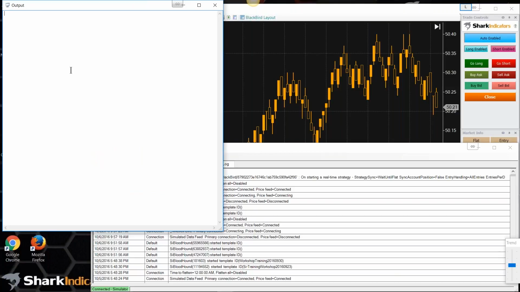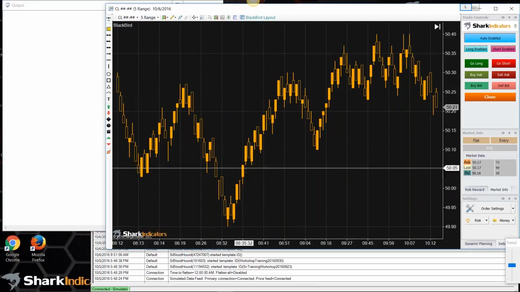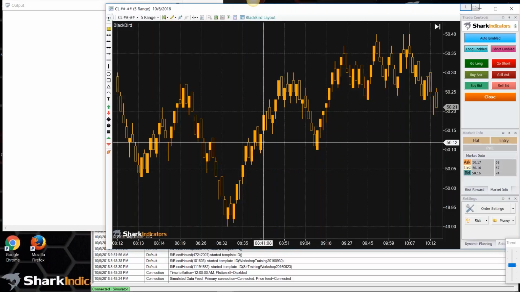An indicator can write to this output window, and so can your strategies. And so what we have done is BlackBird will output all kinds of information to this output window to help you understand why orders are moving around and why orders may or may not be moving.